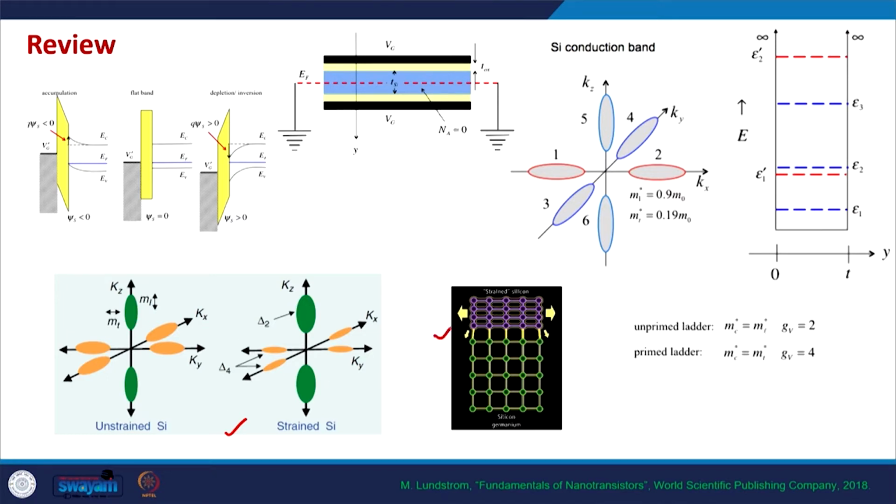So by using strain in the proper direction, we can enhance the mobility or injection velocity of electrons in the silicon channels, and that's one of the very smart ways of improving transistor performance without changing the dimension of the transistor.